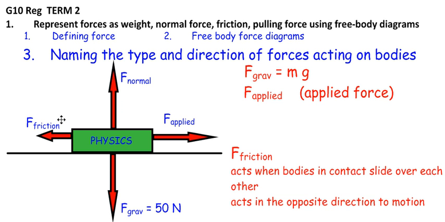So now we have seen the four most common forces that are acting on bodies. The gravitational force, which is the weight, acts on all bodies. The normal force acts only if the body is in contact with another, and it acts perpendicular to the surface. The applied force is if we apply a force on a body, and the friction force acts only if the bodies are sliding over each other.